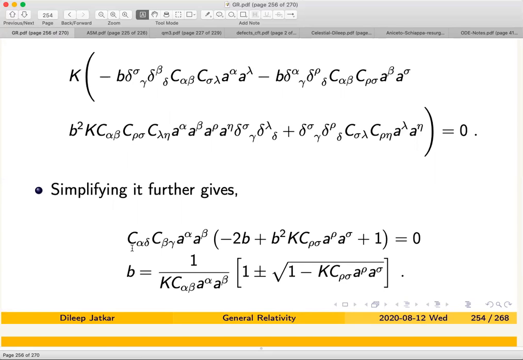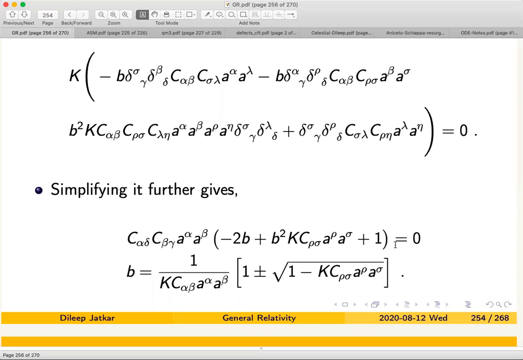Once you do that, you get an expression which looks like this, times various factors of B's and A's. There are terms which are quadratic in A, which are minus 2 times B, these two pieces, and then there's a term proportional to B squared which is quartic in A, so there are 2 A's here and 2 A's inside, and then there is a term written out here which is independent of B. You have to set this to 0, and since C is a metric on the space which is non-trivial, and you want the transformation to be non-trivial, this parenthesis should vanish.